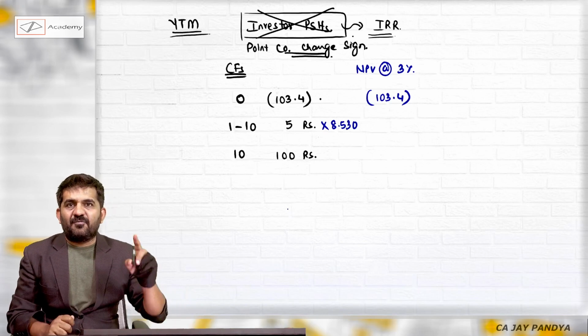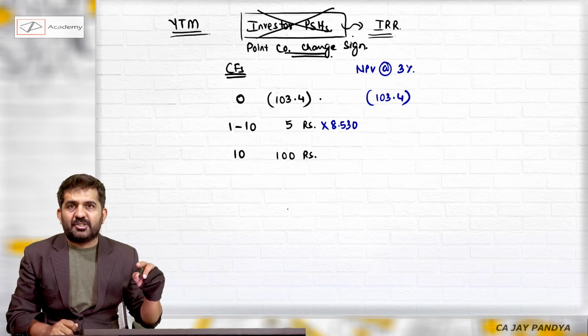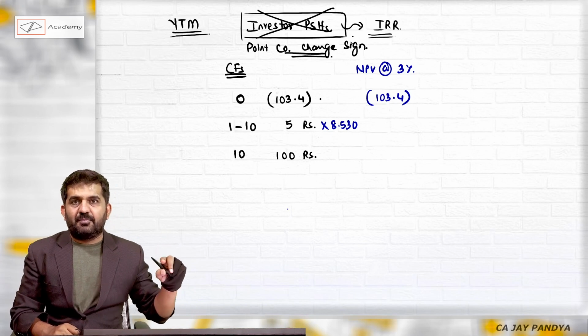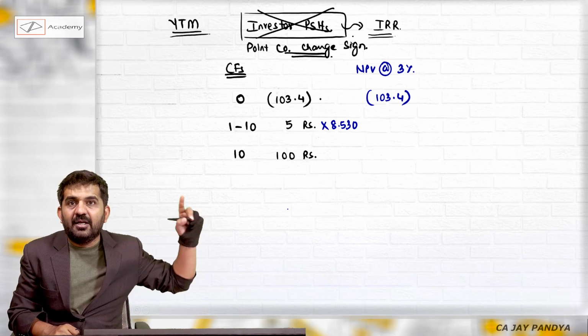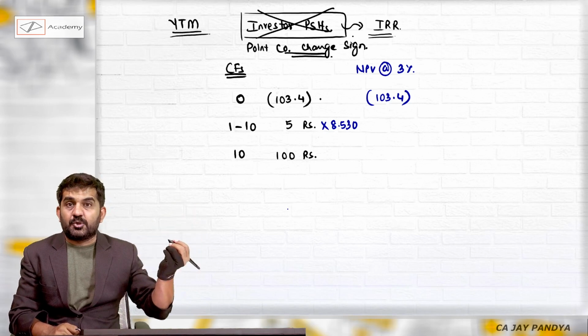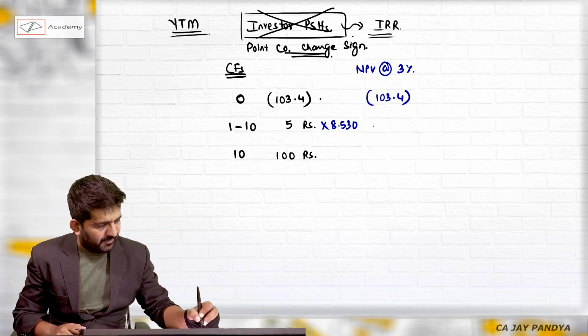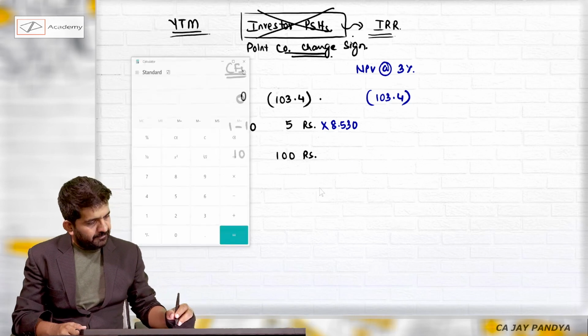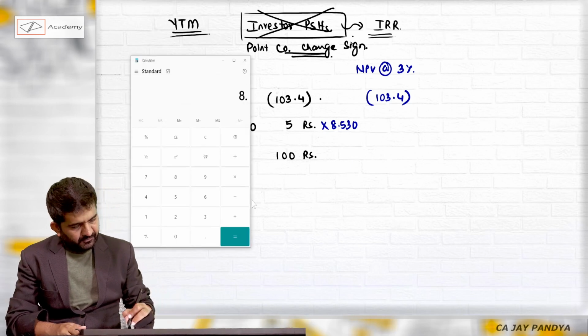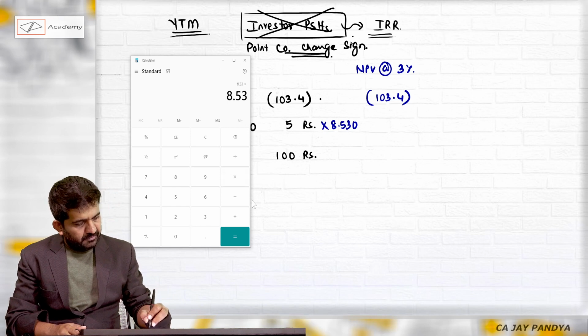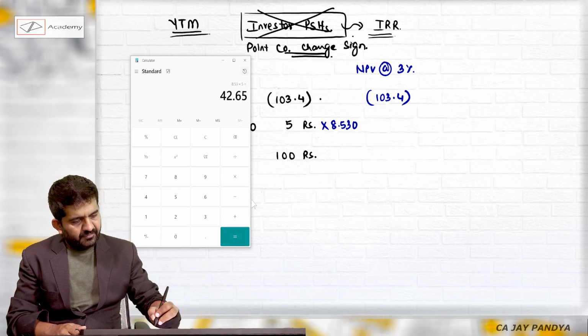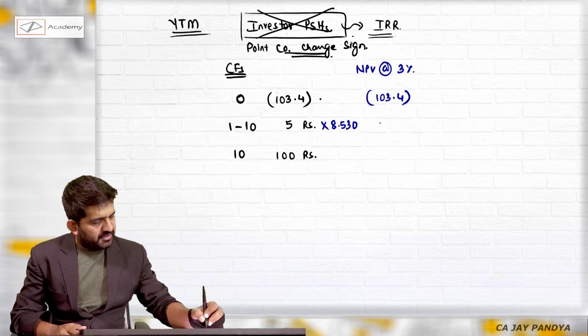This is the total of 1 divided by 1.10 raised to 1 plus 1 divided by 1.10 raised to 2 up till 1 divided by 1.10 raised to 10. So this is the direct factor, which is nothing but 8.530, multiplied by 5, gives 42.65.